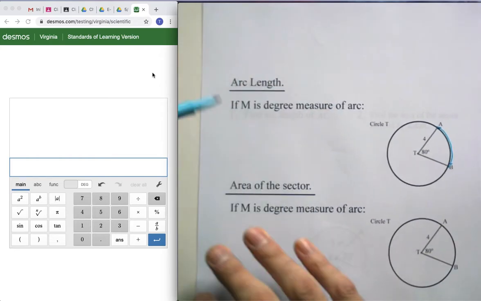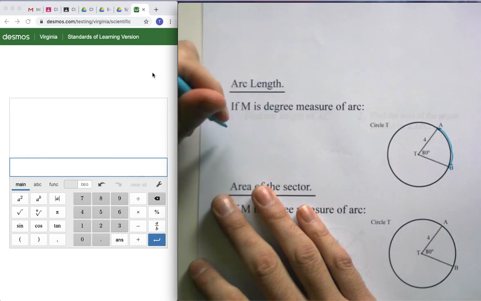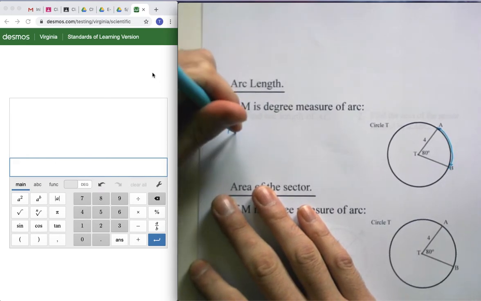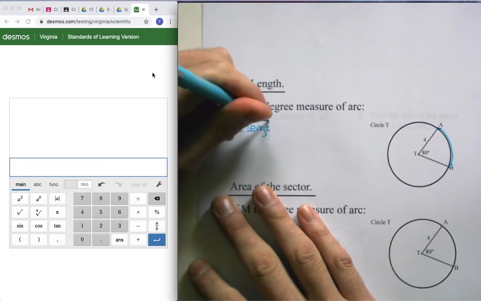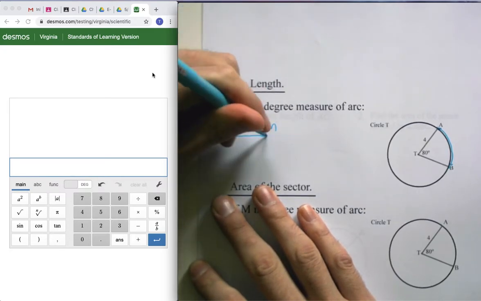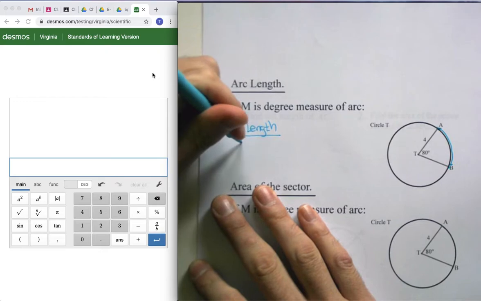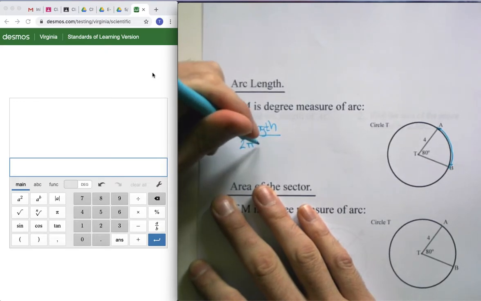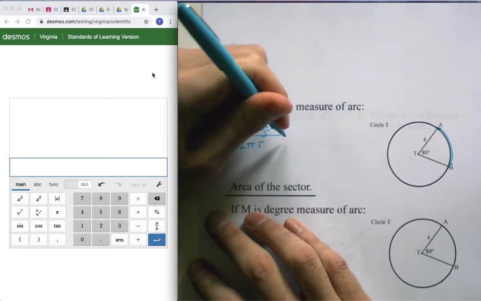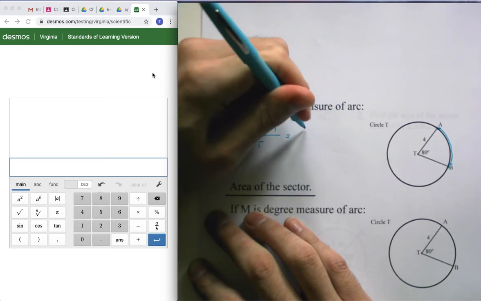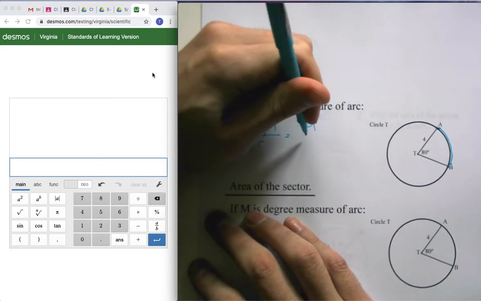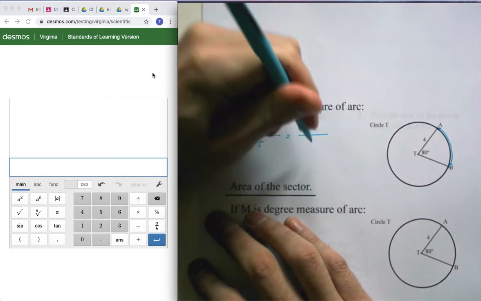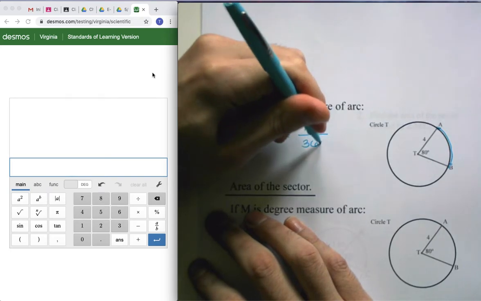In order to do that, we're going to use the equation, and we're going to set up a proportion. Arc length over 2 pi r is equal to the measure of the angle inside the circle, the arc measure we talked about on the last slide, over 360.